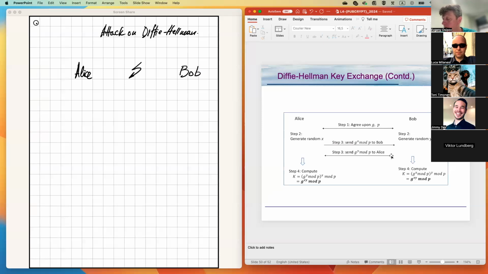This scheme is susceptible to the so-called man-in-the-middle attack, as are many other schemes, and that's why you cannot avoid authentication, constant authentication. You need to be sure that you're talking to the right partner. And Logjam attacks.